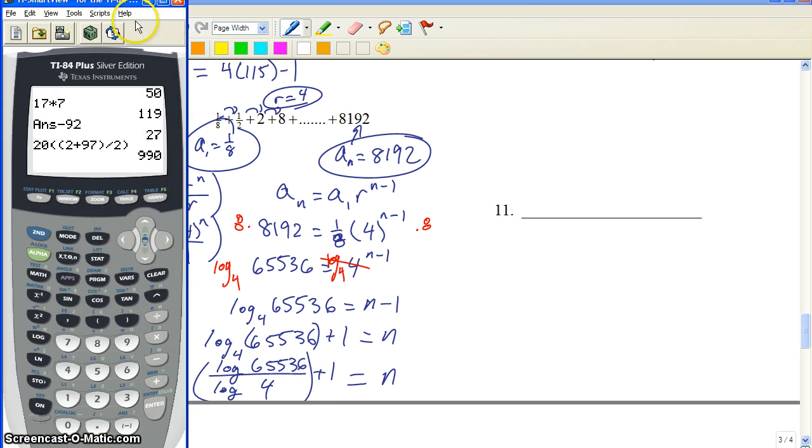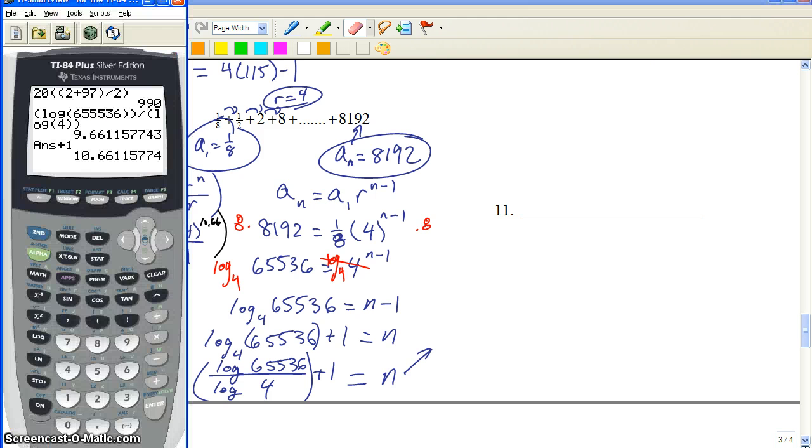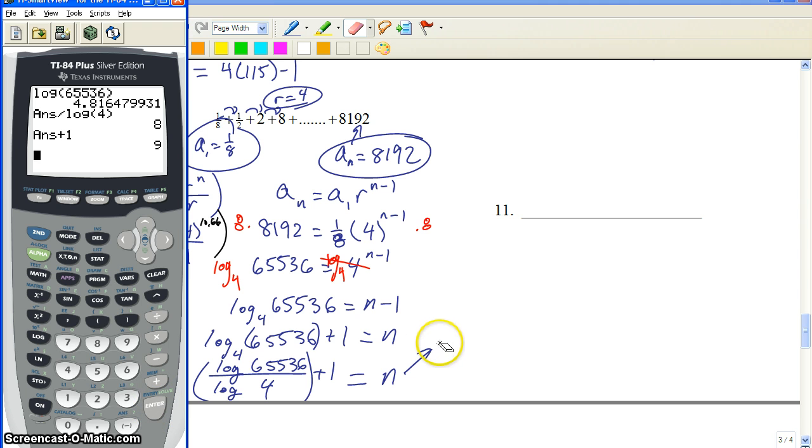I'll show you how I type it in. We're going to do log of 65536, parenthesis, enter, and divide that by the log of 4, enter, and then add 1. So we get n equals 9.